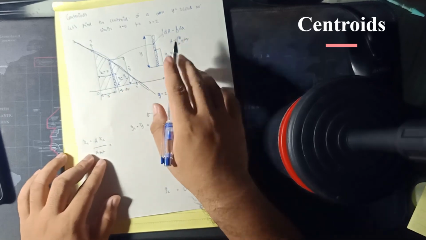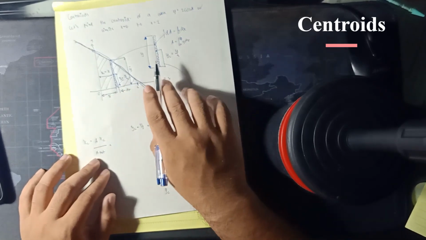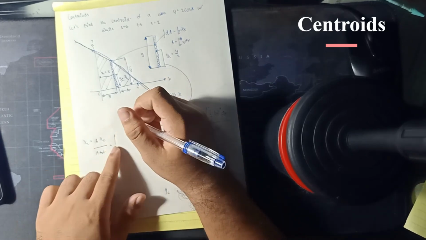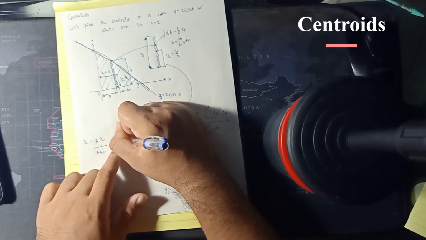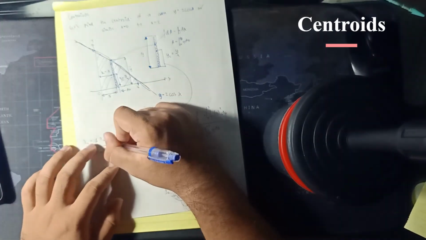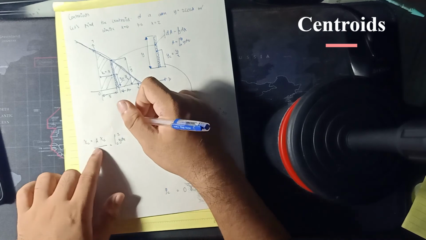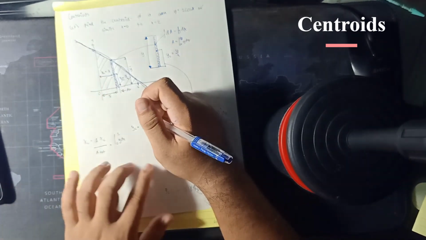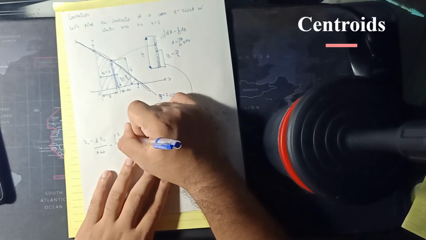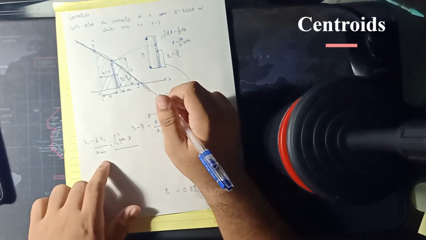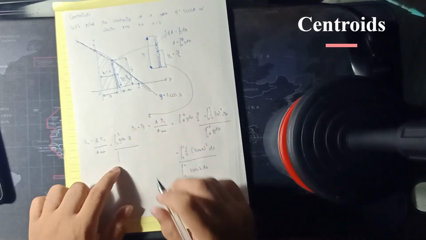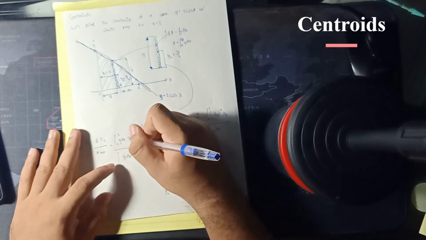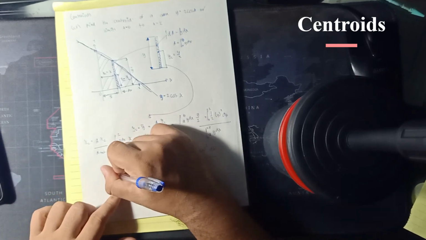So your area is still the same, that is the integral of y dx with limits from a to b. Let's say we're going to use our limits from 0 to 2. And your xc here is only equal to x. This would be now your x multiplied by your area. Your area total is still the same, the integral of y dx with limits from 0 to 2.